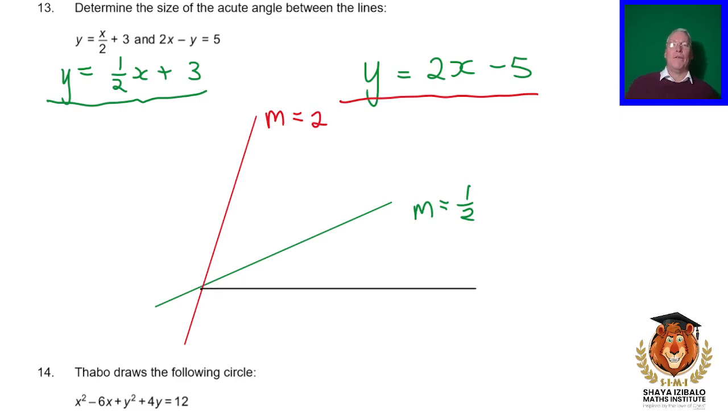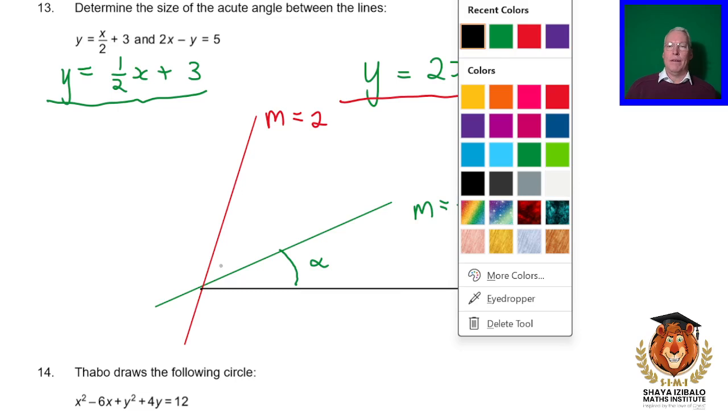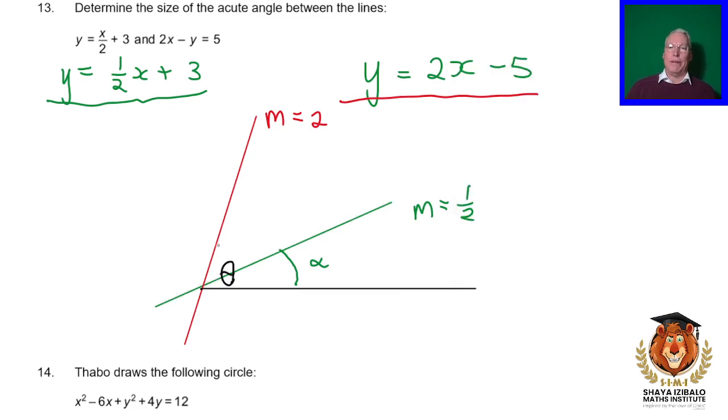All right, so are we able to work out this angle? And I'm going to call this angle alpha. Because remember what I'm trying to find? Okay, can I find alpha? And the answer should be yes. And can I find, let's call this beta?